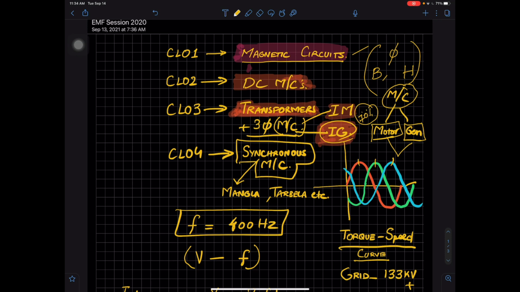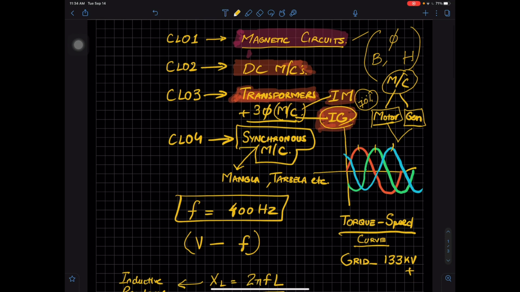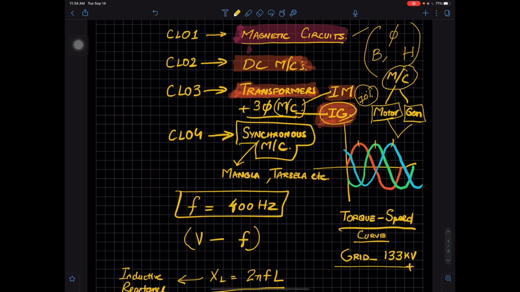Now when I'm talking about the word grid, since I have talked previously on this grid topic in my live lecture also, the grid is that part of the system which is going to have at least a voltage of 133 kV plus. Now since it's an underdeveloped area, the word grid is not existing over there. The reason is they don't have any people over there which can actually consume power.